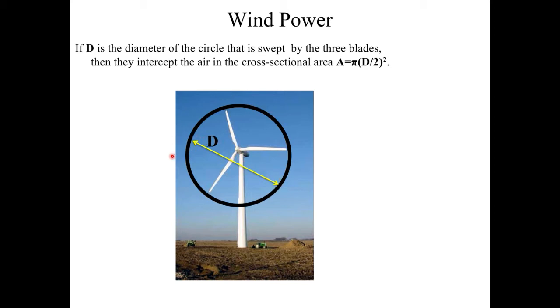So we've got this circumference and then the diameter across the center, and the area of this circle is equal to pi times the diameter divided by 2, or radius, squared. That cross-sectional area is the area that the 3 blades sweep as the wind is moving them in the atmosphere.